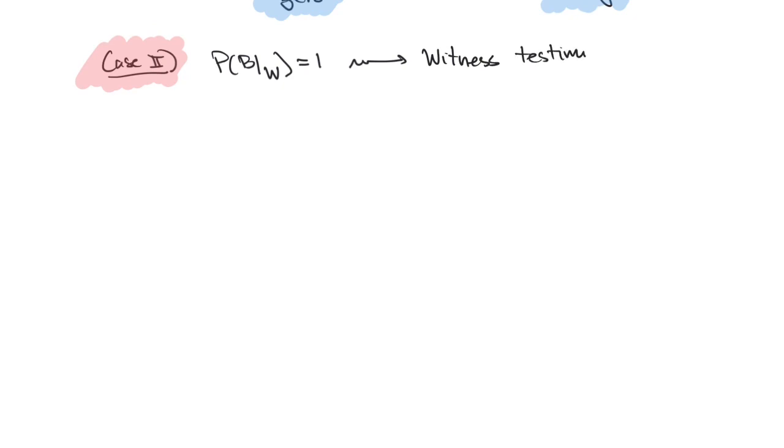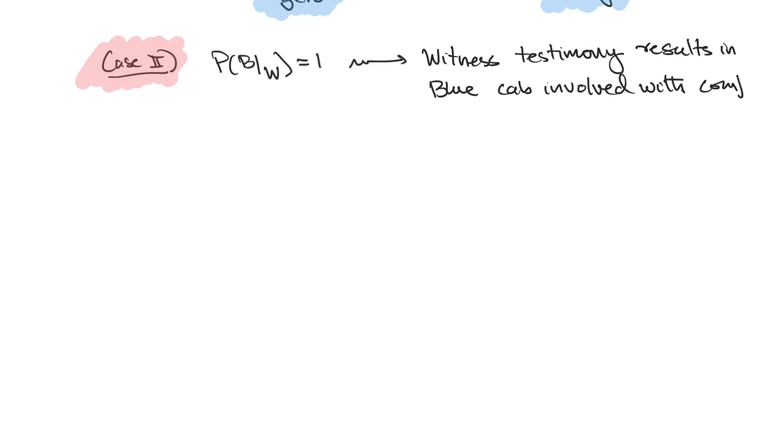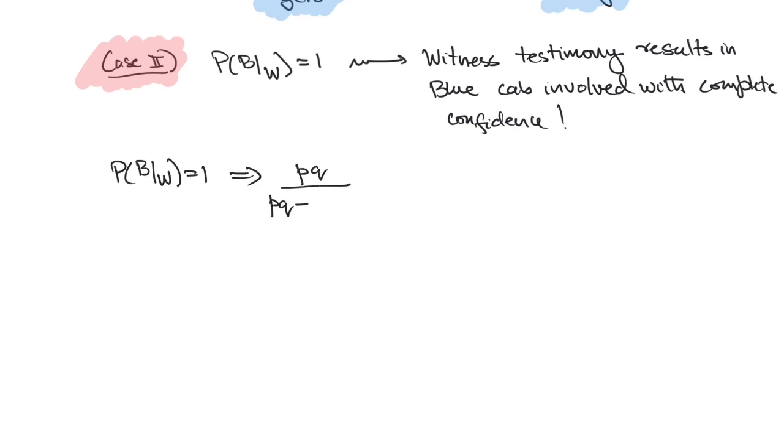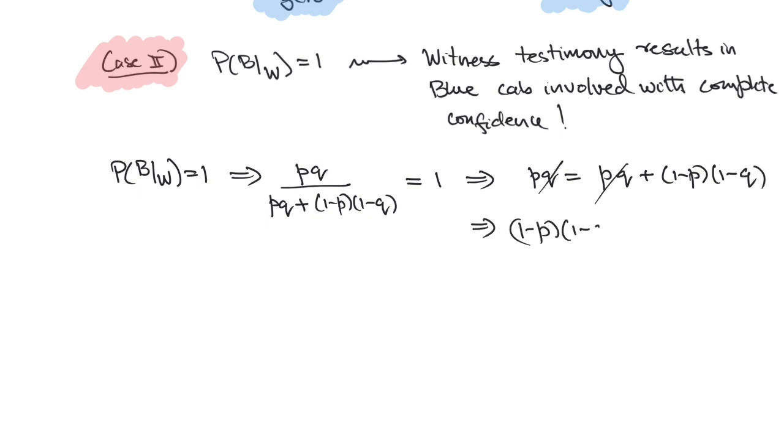The second interesting case is when the probability of the involved cab being a blue cab given witness testimony equals 1. This is to say that the witness testimony results in the blue cab being involved with complete confidence. Solving this equation, we notice that we should have PQ divided by PQ plus (1 minus P) times (1 minus Q) equals 1, which is going to imply that (1 minus P) times (1 minus Q) equals 0.